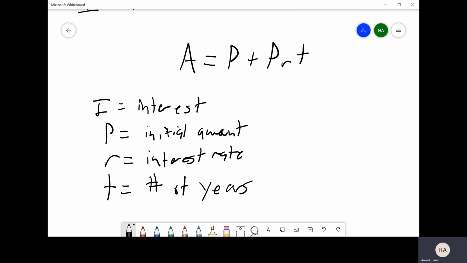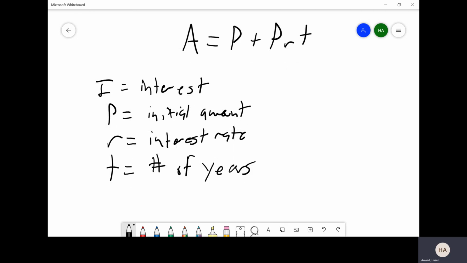If somebody says, okay, this will be invested for 18 months, you can't put T is equal to 18. You have to convert months to years. So 18 months is the same thing as 1 year and 6 months. 6 months is half of a year. So you have 1.5 years. Okay, so just keep in mind that we are talking about T in terms of years. Your time is in terms of years here.